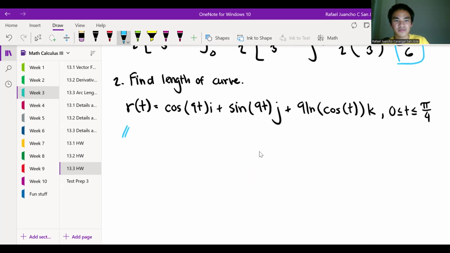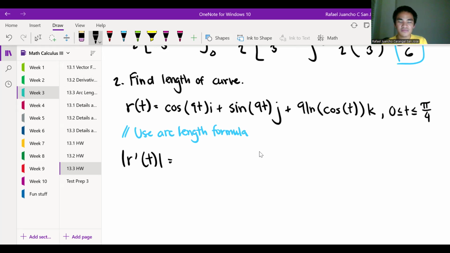So again, we apply the formula that we know. We use the arc length formula. So here maybe you can start by solving the derivative and getting the magnitude. So let's quickly do that. Actually this should be fine. Use the arc length formula. Okay, so here we get the derivative and find its magnitude.